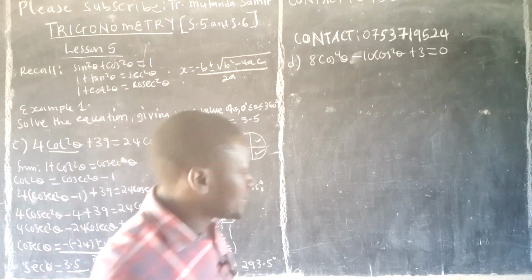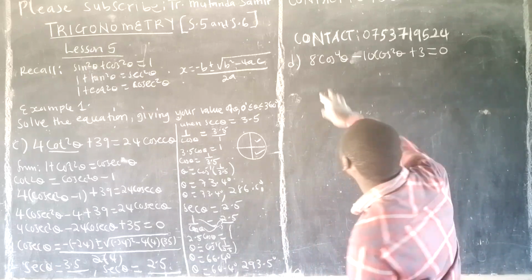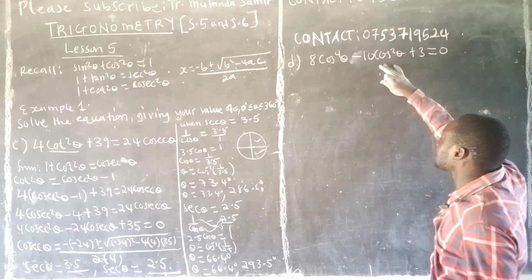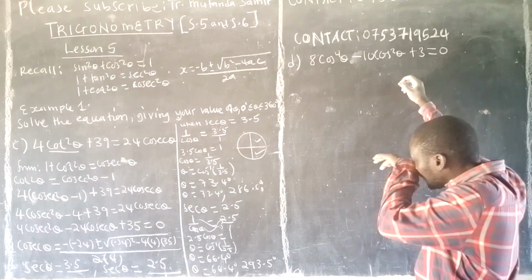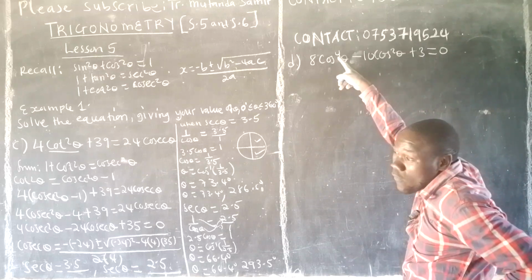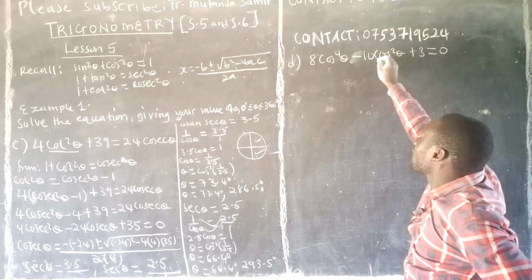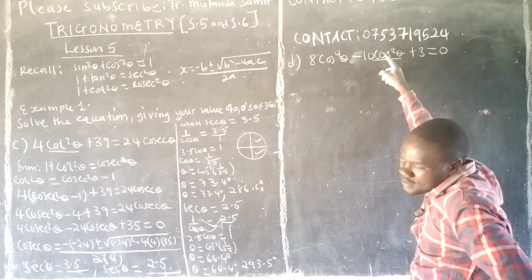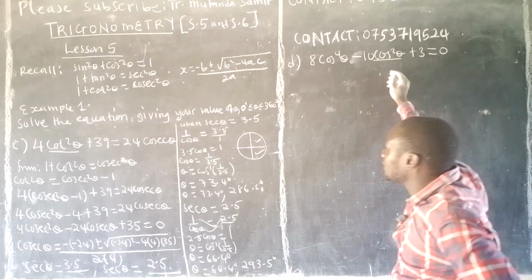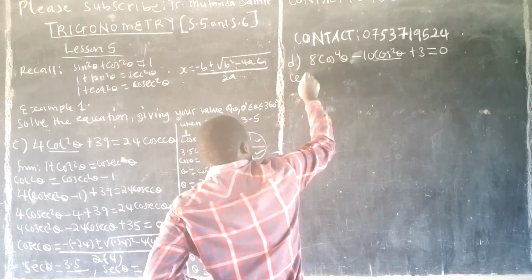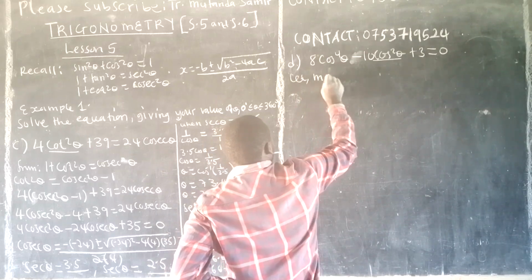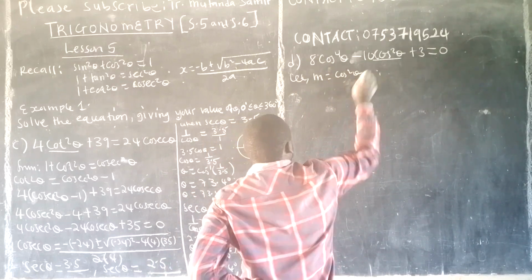Let's now look at this last one. We have 8 cos to the power 4 theta minus 10 cos squared theta plus 3 is equal to 0. Now we have degree 4 and degree 2. When you have degree 4 and degree 2 in trigonometry, you always let the lowest degree be any letter. So let m equal cos squared theta.